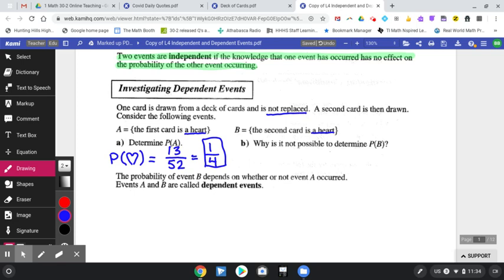Now we're looking at the second card is a heart. So what we have to do here is remember that one card has already been drawn and it was not replaced. And when we do this, we have to assume that it was a heart already. So here when it says, why is it not possible to determine the probability of drawing a second heart?